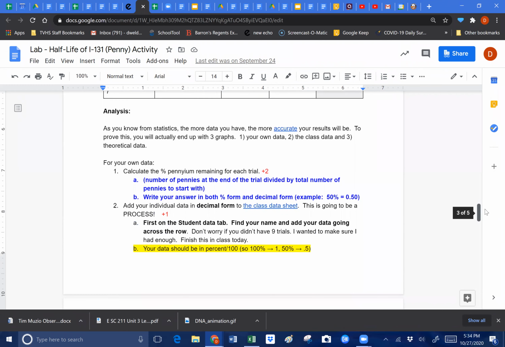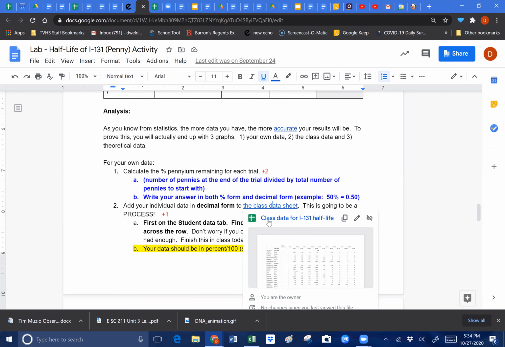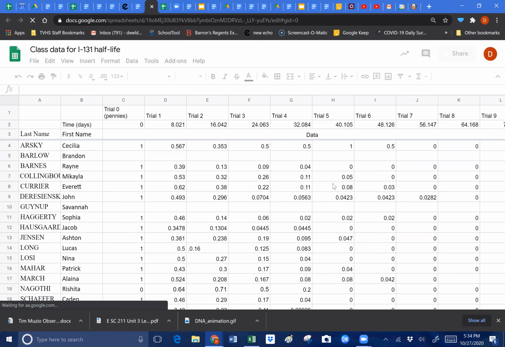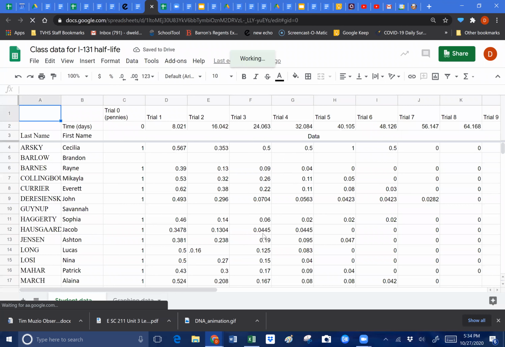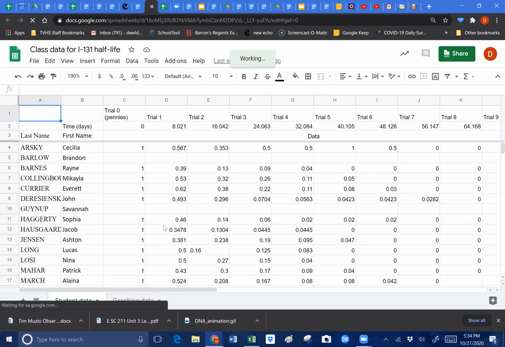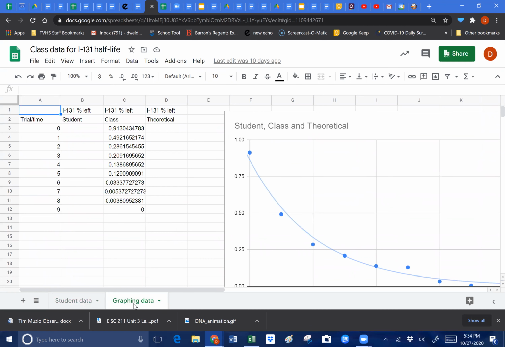Okay, then let's look at the analysis. When you come down to the analysis section, you will notice here is a link to the class data sheet. This shows you the data for all of the students in the class. Normally you would put your own data on your own line. Then what you would actually do for the lab is fill out this second tab, where it says graphing data.